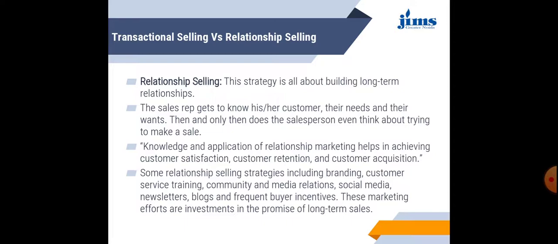So the knowledge and application of relationship marketing here is for achieving customer satisfaction, customer loyalty, retaining the customer, that is customer retention, and customer acquisition, that is how you can acquire the customer for a longer period of time. So basically how you can win the customer, right?